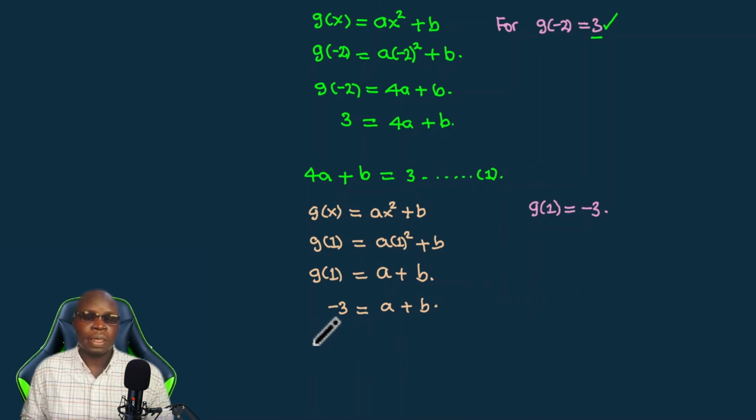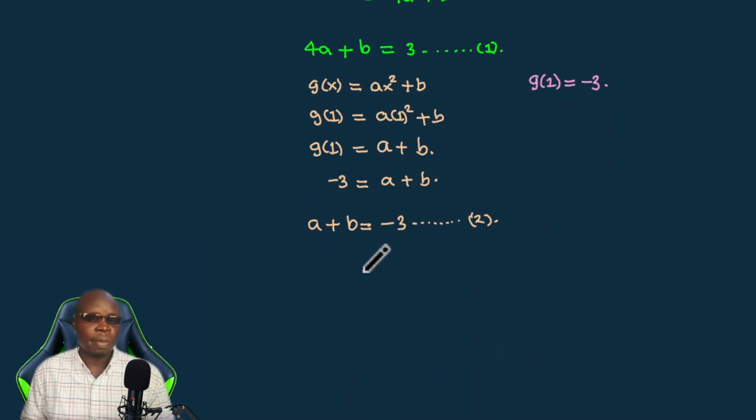And that is a plus b equals negative 3. So let's call this one also equation number 2. Now, what do we do with these two equations? We have to solve for a and b simultaneously at the same time. So let's connect them together and see which suitable method will suit us best.